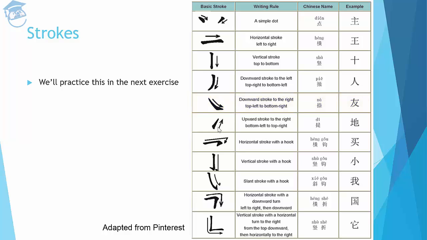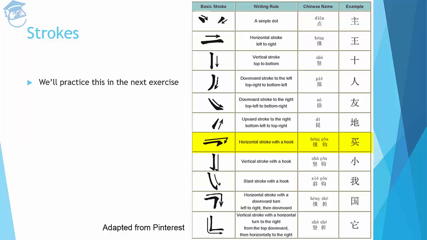And we also have the upward stroke, which goes from bottom left to top right. And this is one of the examples here, from bottom left to top right. And then we have the horizontal stroke with a small hook here.